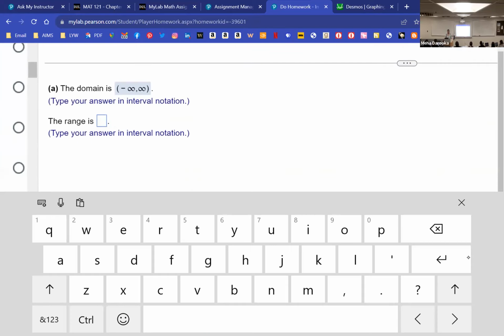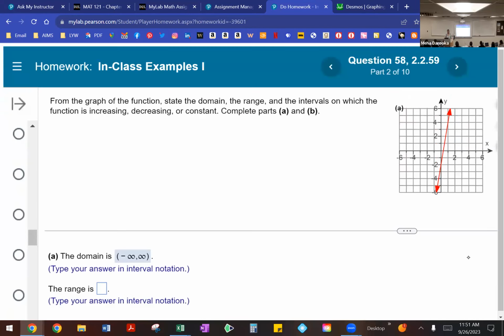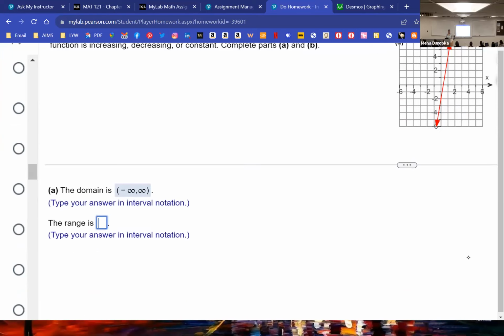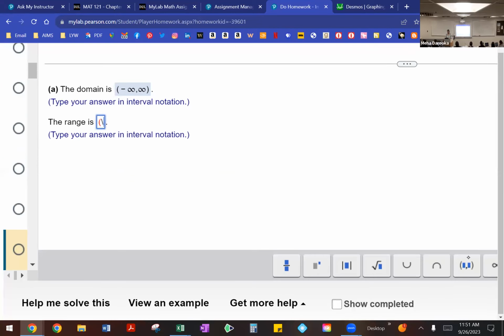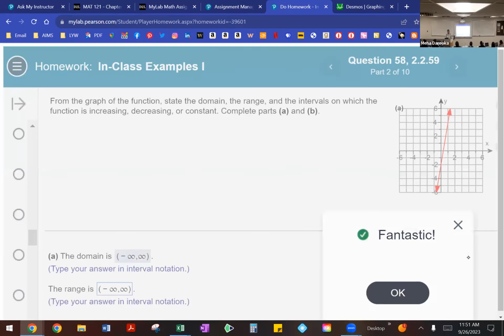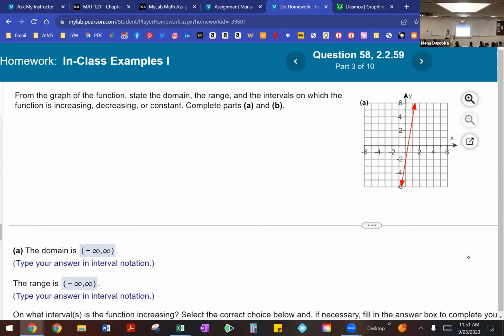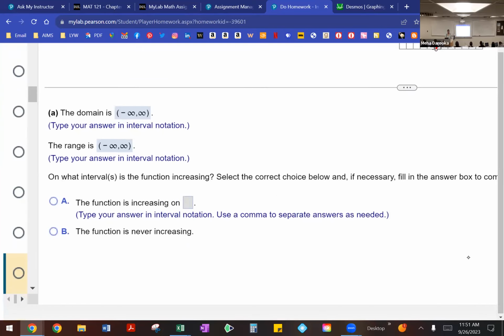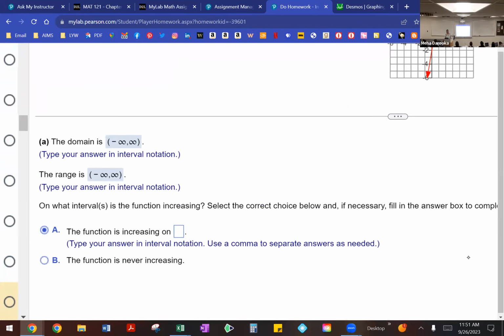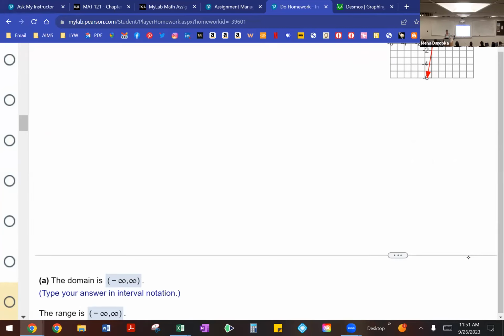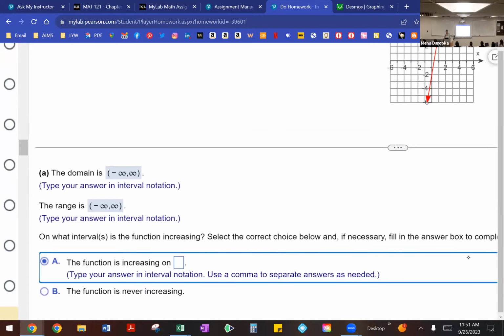Okay, what will be the range for graph A? Same thing, all real numbers, very good. All right, and of course, we talked about the function is increasing, but on what interval is the function increasing?